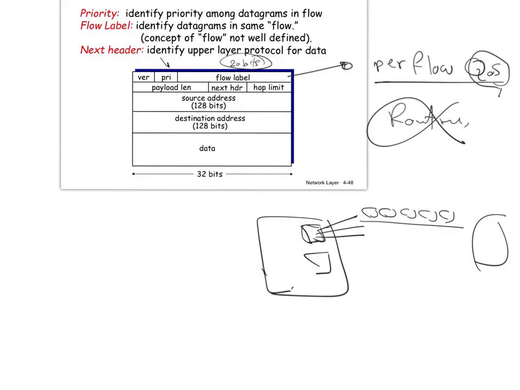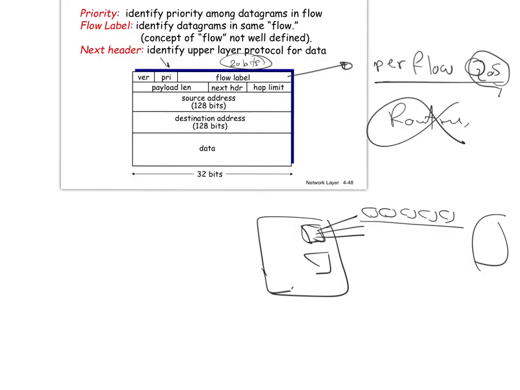The flow label then gets inside one of these classes and says, I can even, inside this traffic class, select a particular flow, okay, and give it a specific behavior. A specific behavior in terms of quality of service, but we never use it for routing.